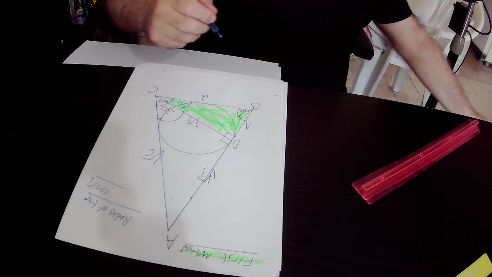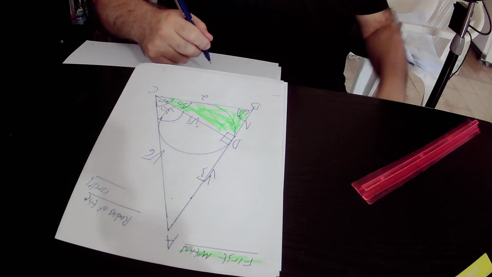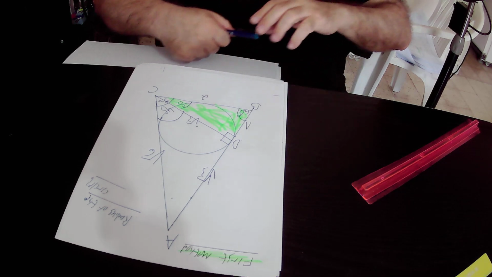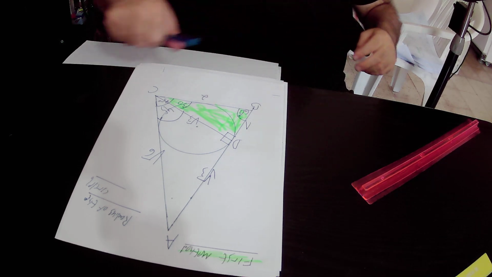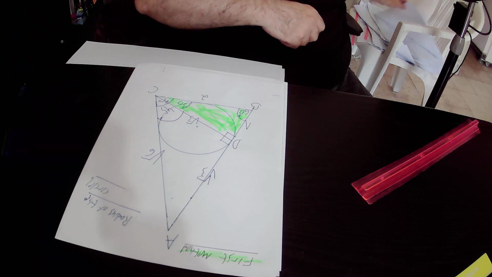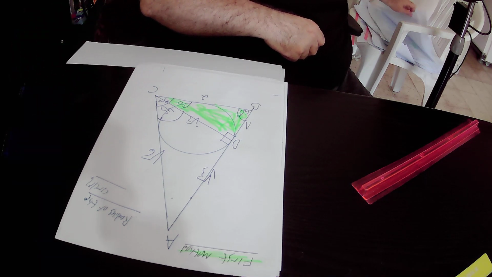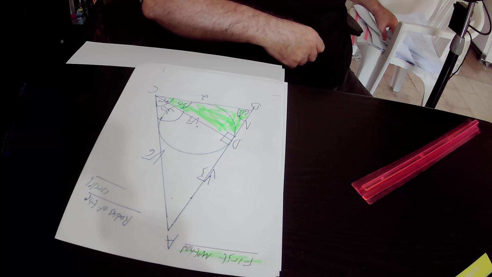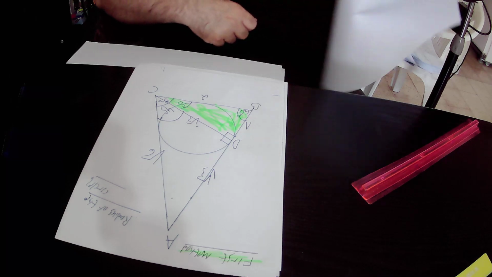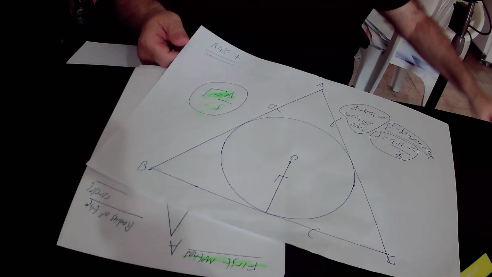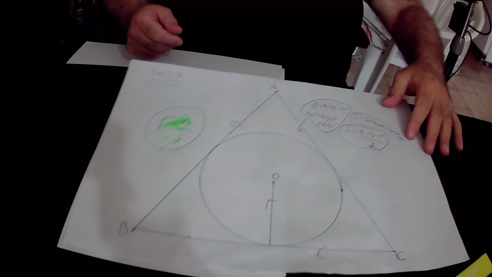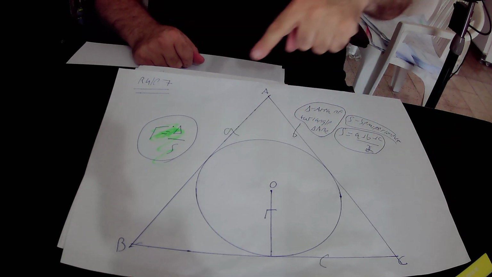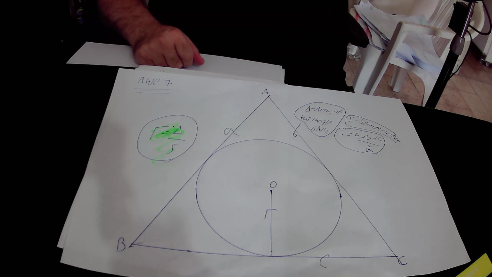In the next step, I present to you a new formula that will help us to find out the radius of this circle that is inscribed by a triangle ABC. So, we actually have here a circle with radius R that is inscribed by a triangle ABC that could be any triangle.